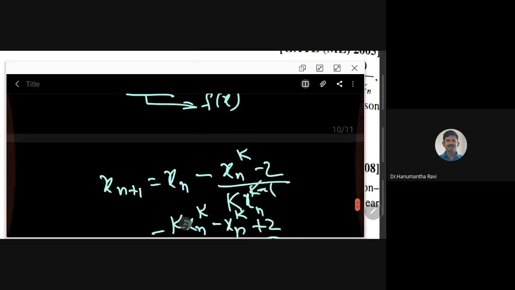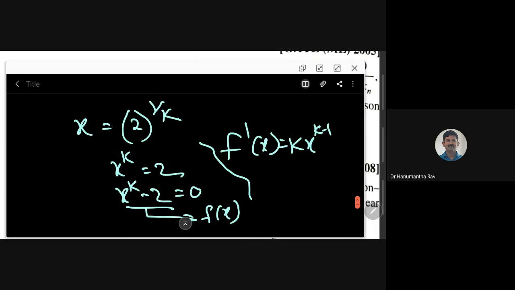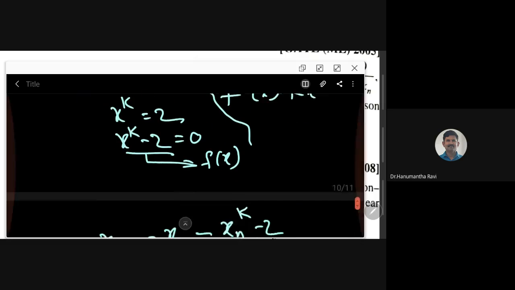I think kth root of 2 I am talking about, kth root of 2. Okay, kth root of 2, good.